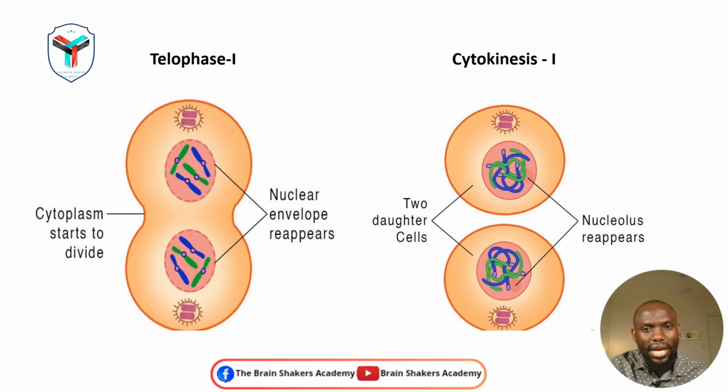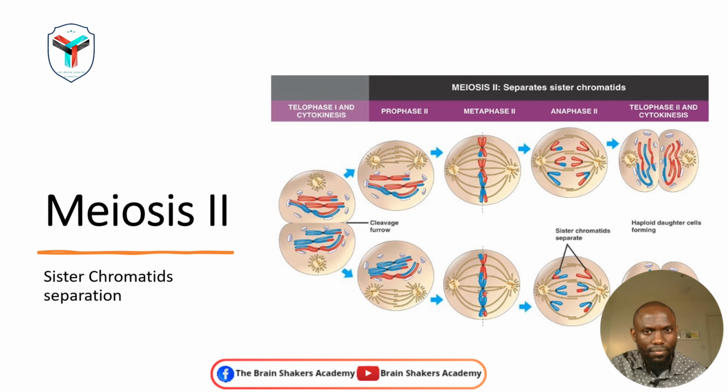Now let's look at what happens after the two daughter cells have been formed. So once the two daughter cells have been formed, the cell moves from meiosis 1 to meiosis 2.